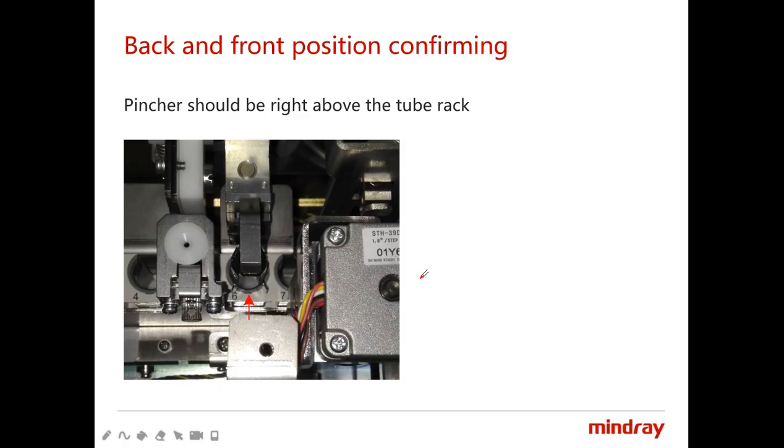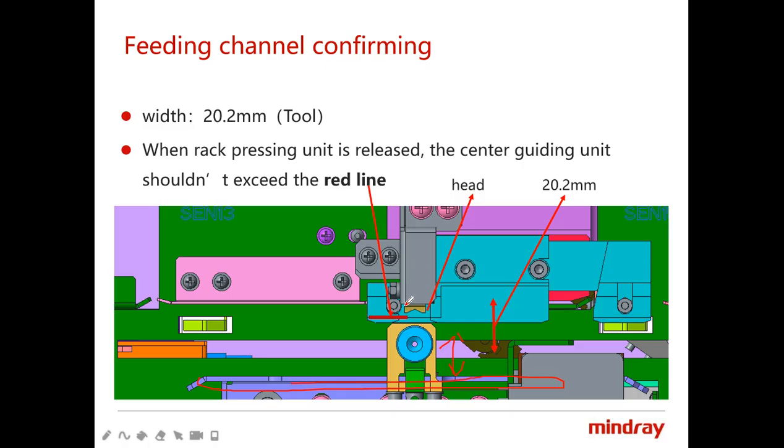And then we need to observe whether this part will affect the movement of the rack. This part is the center guiding unit. If it affects the movement, you can adjust its inward and outward position by adjusting the screw at the side of the unit.